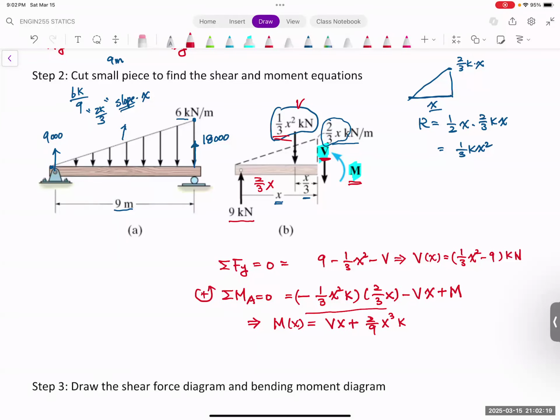Okay, but what is V? Well, V is this one here. So if you put V into this equation, you have 1 over 3 x cubed minus 9x squared, 9x, yeah, 9x.